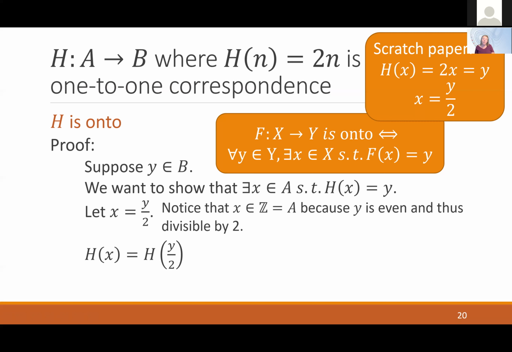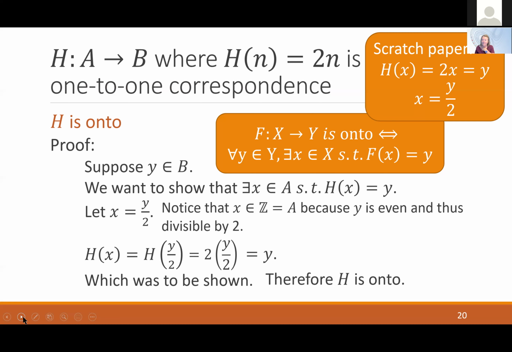So now we substitute that x that we chose, this x that is y over 2, into our function h. So we have h of y over 2. Using the definition of h, it's 2 times whatever our input was. So 2 times y over 2, and we get our y, which was what we wanted to show.